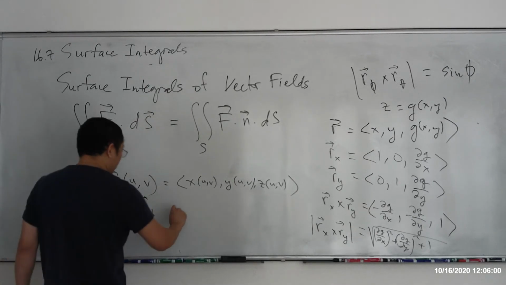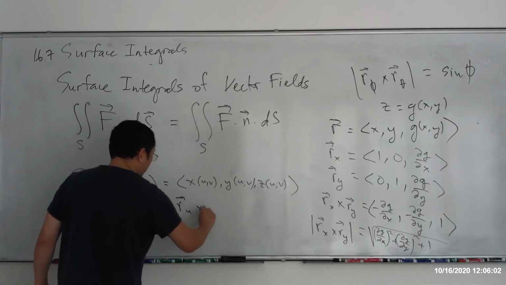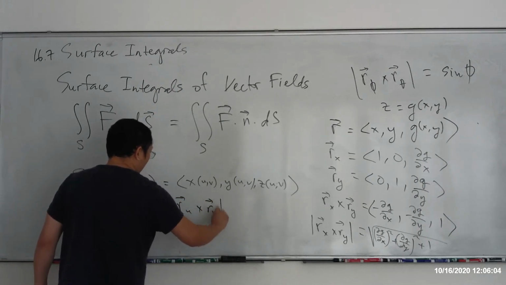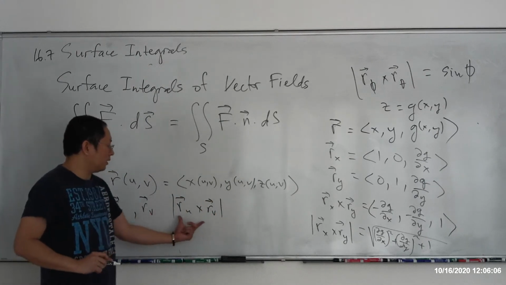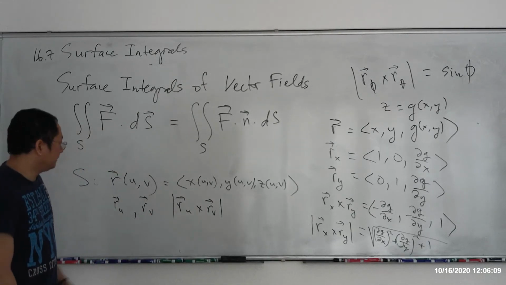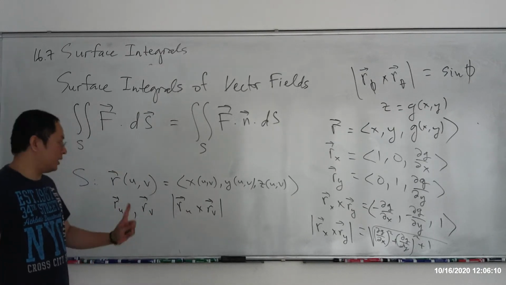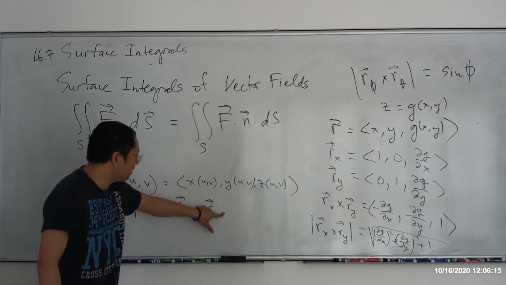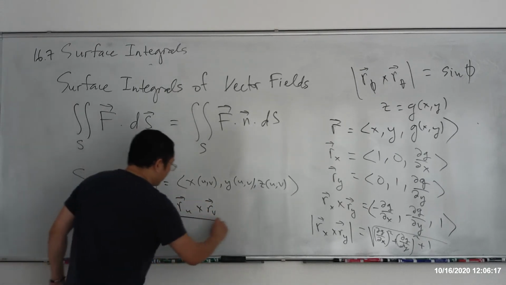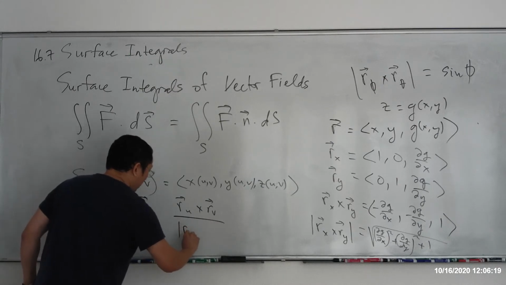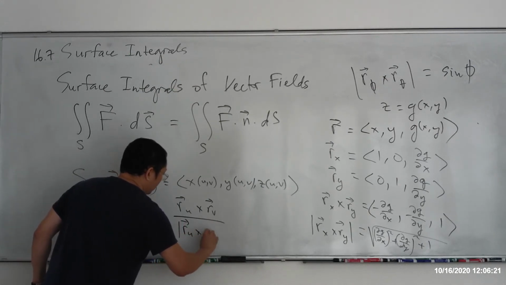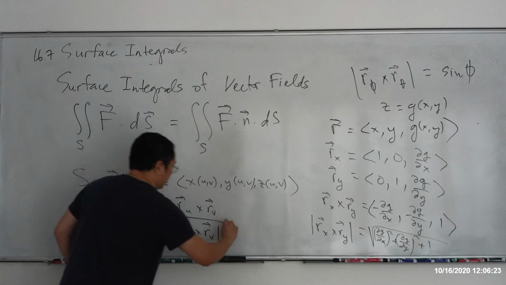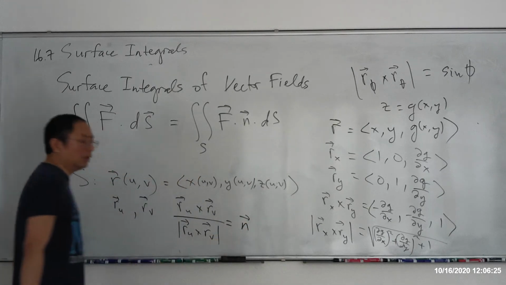If we cross them, Ru cross Rv, we have a vector that's perpendicular to both Ru and Rv, which is the normal vector. To make the unit normal vector, you take this cross product divided by the magnitude of Ru cross Rv. And this is the unit normal vector that we're talking about.